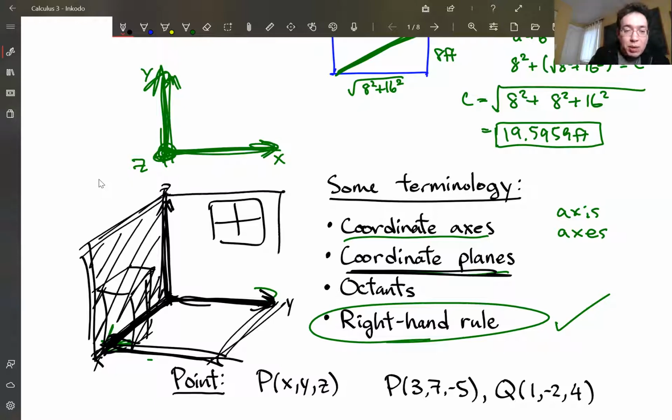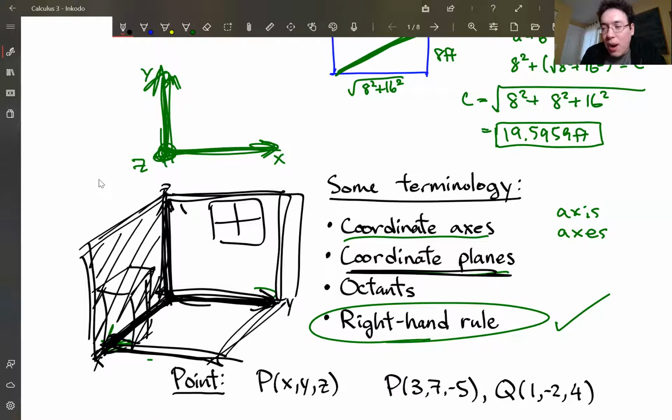And then the yz plane is this wall that has a window on it to the right. I've drawn it as a square, but you should imagine this wall going off into infinity, up that way and down this way and in all directions. So those are the coordinate planes, the walls and the floor.